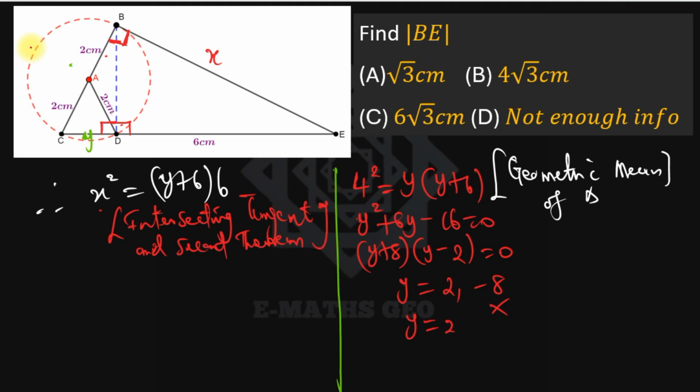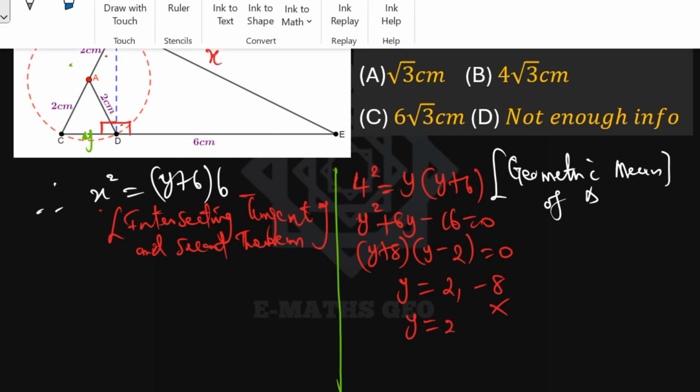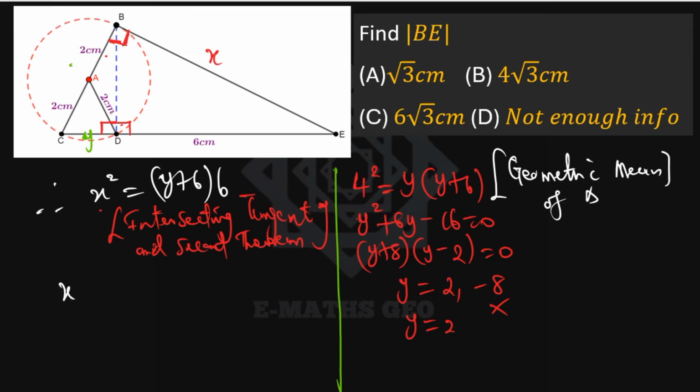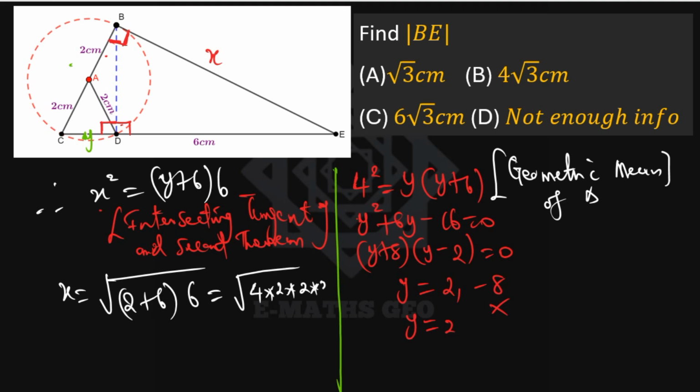So from here, x is the square root of y plus 6 times 6, with y being 2. So I have 2 plus 6 times 6, which is 8 times 6. 8 is 4 times 2 and 6 is 2 times 3, so from here we see that this is now 4 root 3.